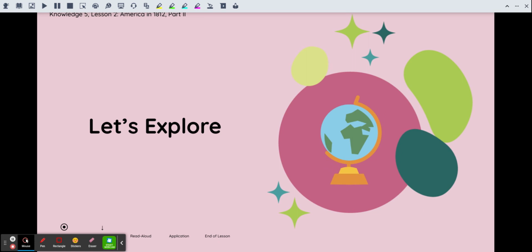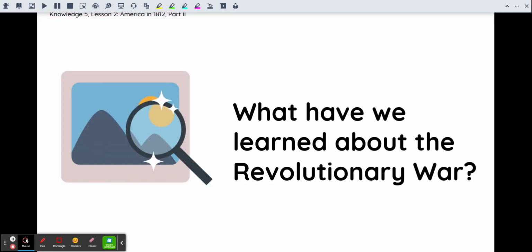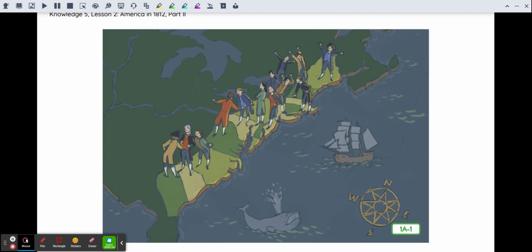Let's explore. What have we learned about the Revolutionary War? In this picture, you see the colonists and the colonies. What did we learn from our last read aloud?